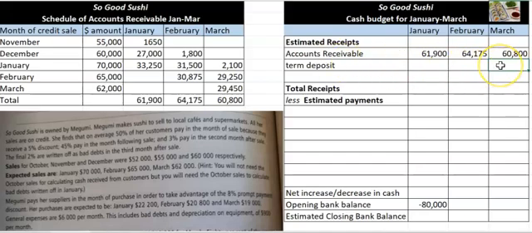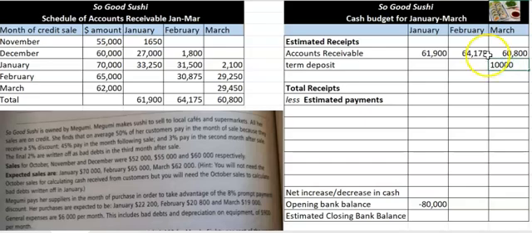So we'll put the 10,000 there. But when we're doing this one, we have to actually add the interest on it as well. So it says interest for the facility, 5% interest, and the term deposit's been invested for 6 months. So we're going to add that on.